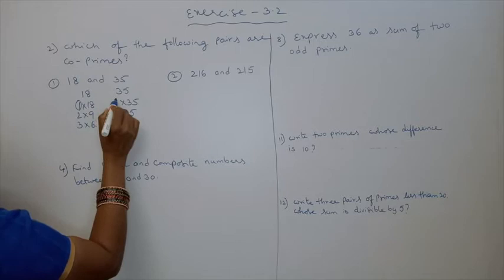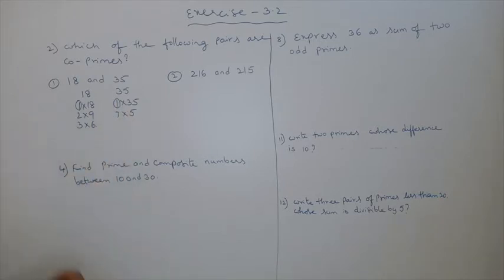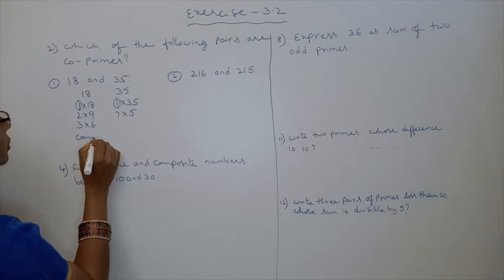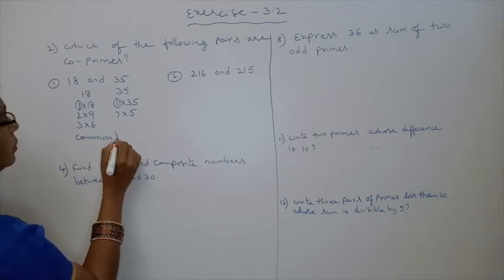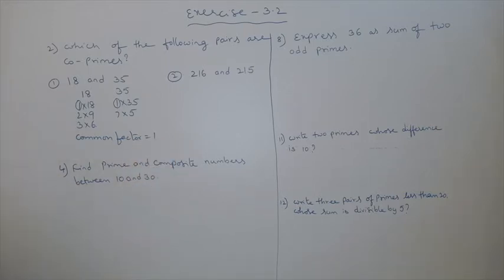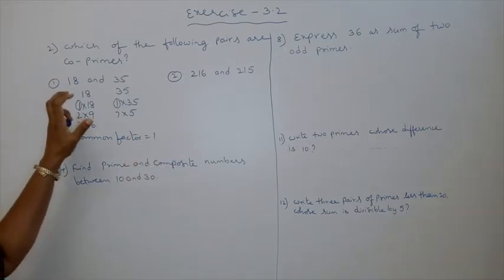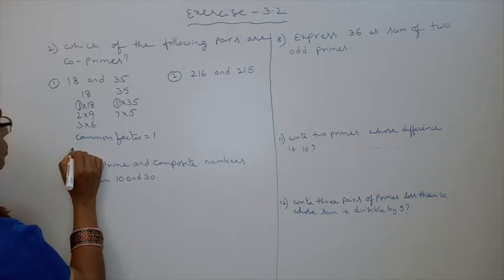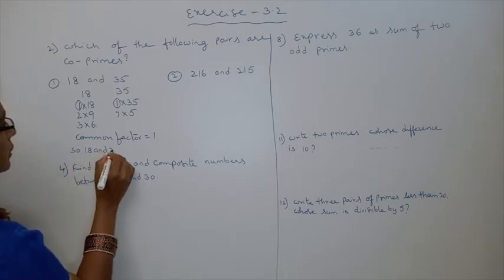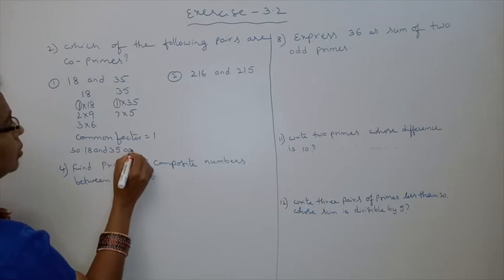Only 1 is common; the remaining are not common. The common factor is equal to 1, so we can say these two are co-primes. So 18 and 35 are co-primes.